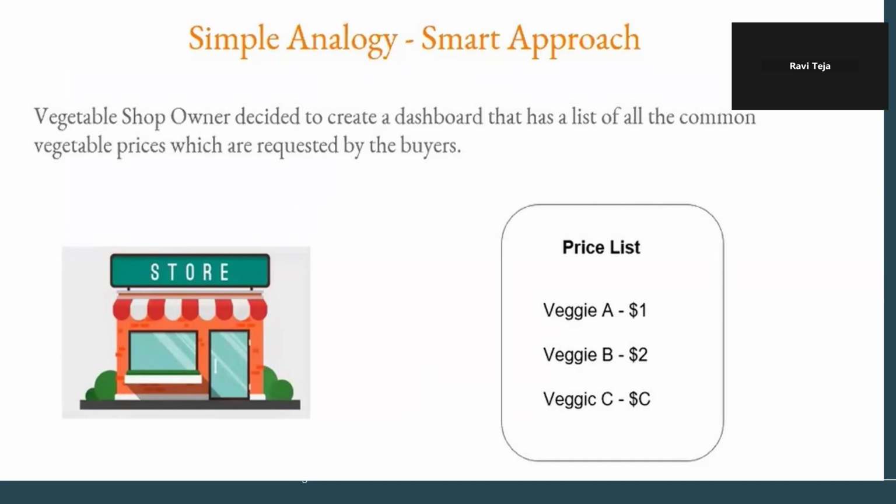So no one needs to ask him because the prices appear on the wall. The burden on the shopkeeper is very less. This is the smart approach in databases. So now we can understand.